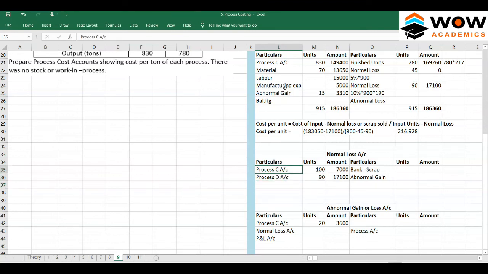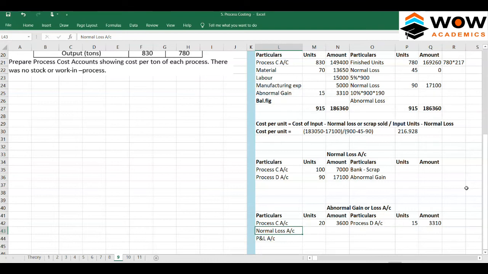Then we have the abnormal gain, that has to be transferred to the abnormal gain or loss account, and the name is going to be process D. Value is 3310. Done. Both of these will get adjusted by themselves.